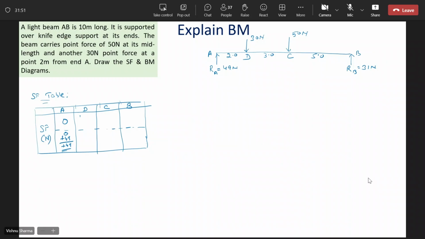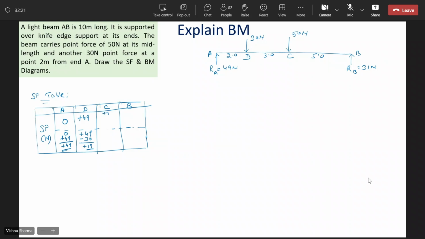I carry this plus 49 and look at the beam diagram. From right of A to left of D, there is no new force, so it remains plus 49, or you can say plus minus 0. I carry forward this plus 49 from just left of D and move to just right of D. Minus 30 comes into existence, making it plus 19.